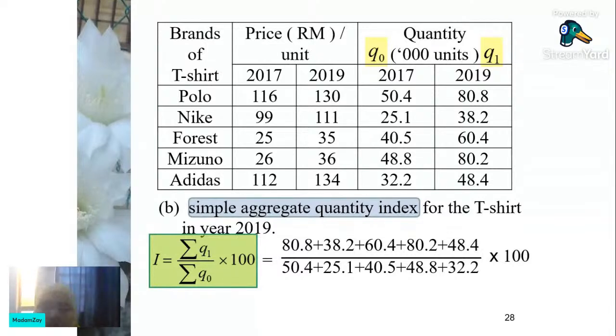That is total Q1, divided by total Q0, which is 50.4 plus 25.1 plus 40.5 plus 48.8 plus 32.2, and then multiply by 100. So we have the answer equal to 156.35. If they ask you for the explanation, we can say that there is an increase of 56.35% in the quantity of t-shirts in 2019 compared to 2017.